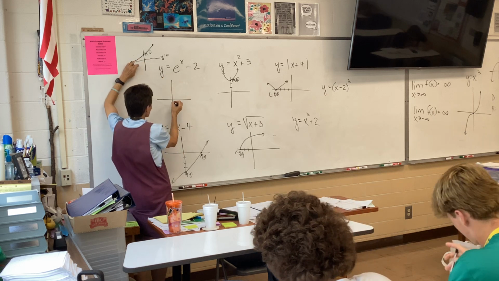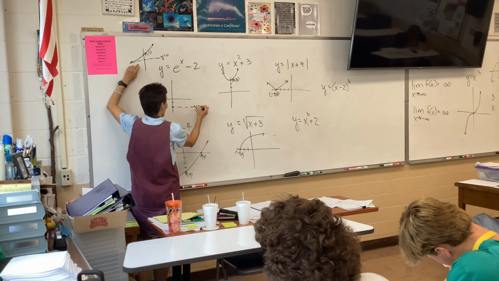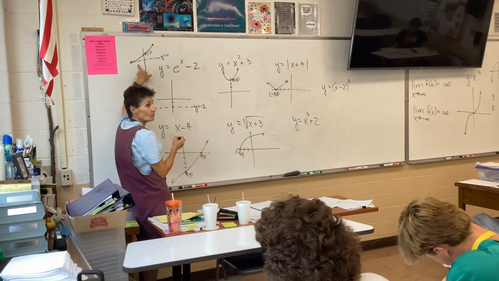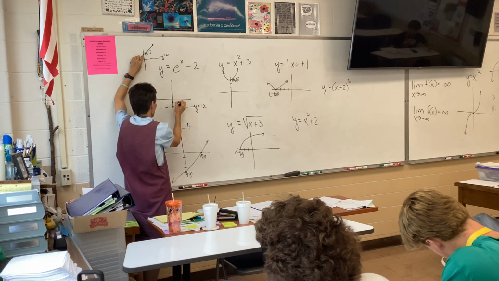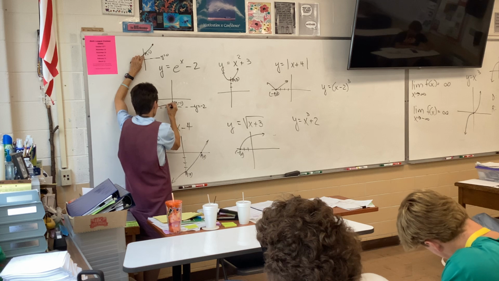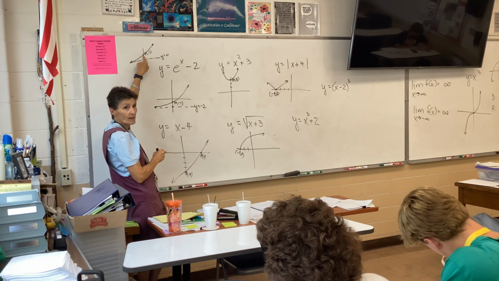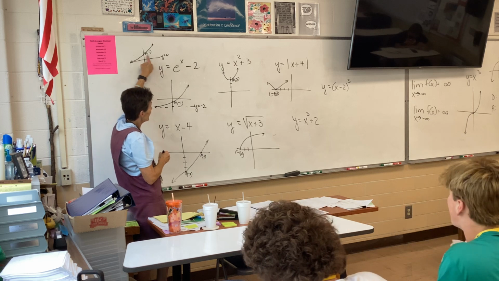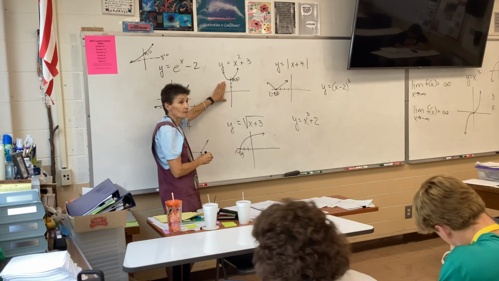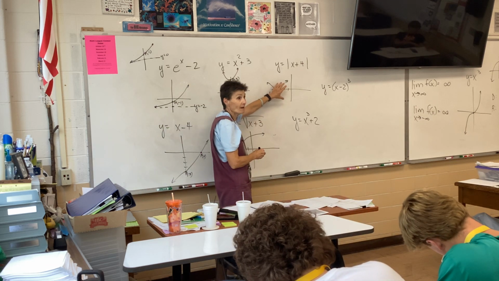So the asymptote that was at y equals 0 is now going to be at y equals -2. And the intercept that was at 1 is now at -1. Does that look okay to you? I moved my parabola up 3. I moved my V left 4.